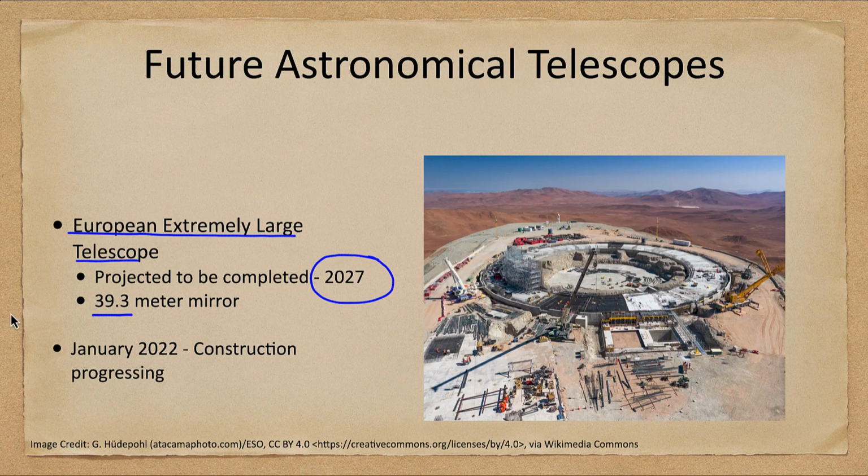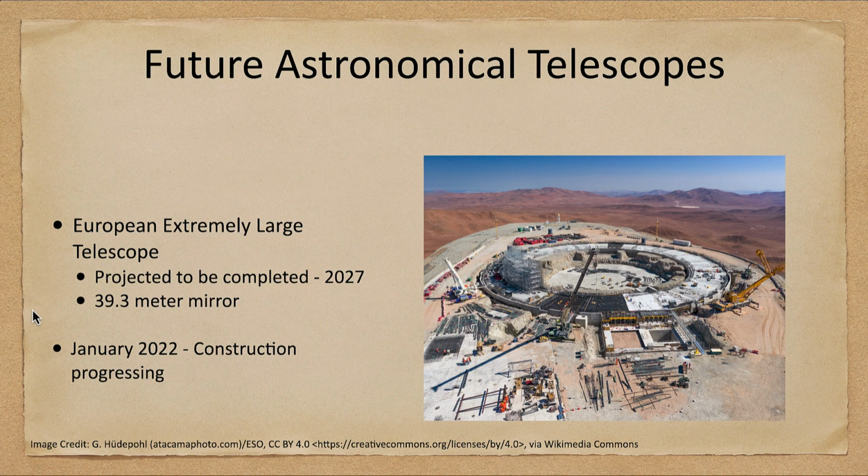Progress is going on this, and here is the image of the setup as of 2022, the beginnings of setting this up, and eventually it will be the largest telescope and will be a big increase in our understanding by being able to see far fainter objects.